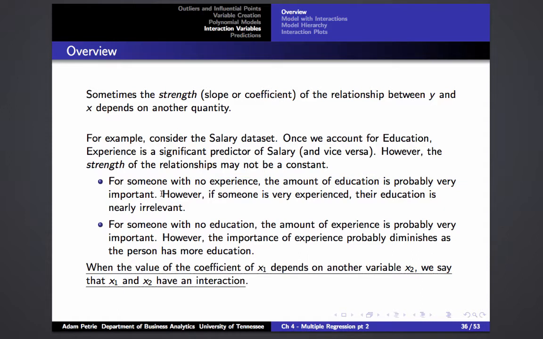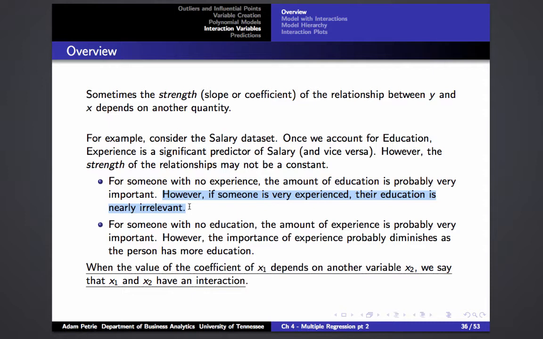However, if people are really experienced, their education is nearly irrelevant. If we look at two employees that have 20 years of experience each, and one of them happens to be 1 more year educated than the other, they probably don't have as large of a difference in salary as if these two individuals both had no experience.